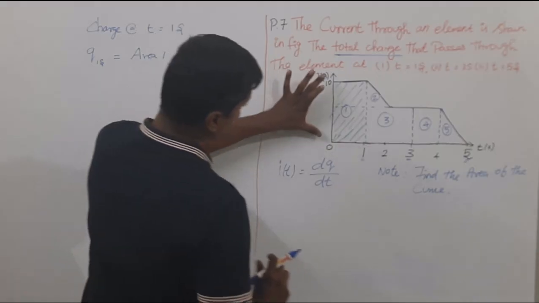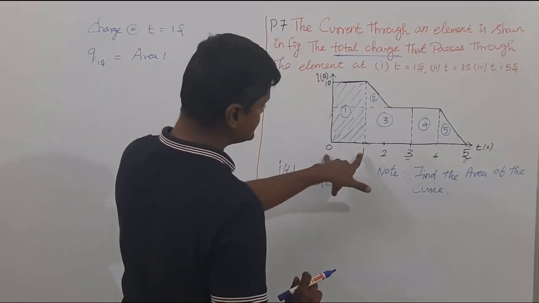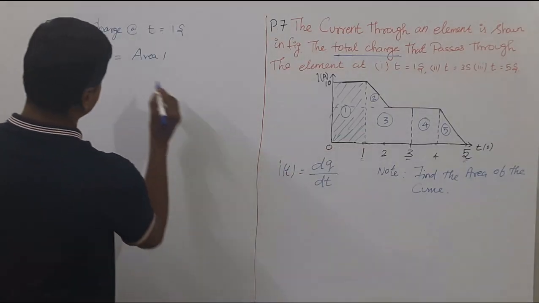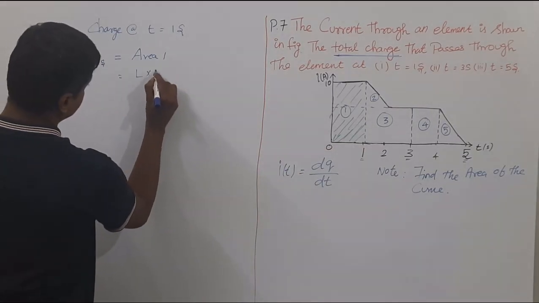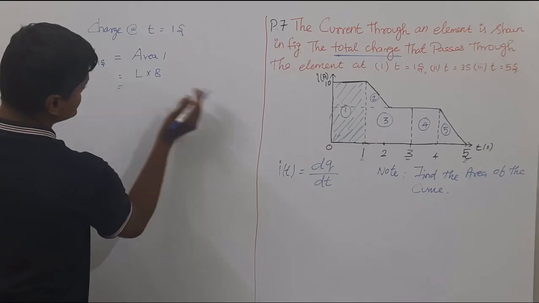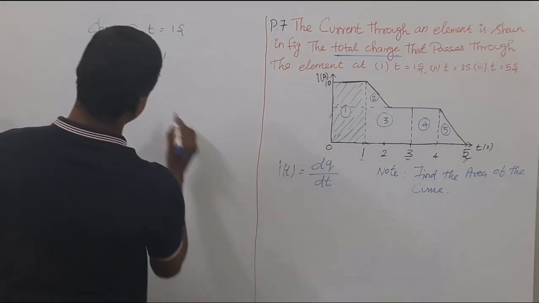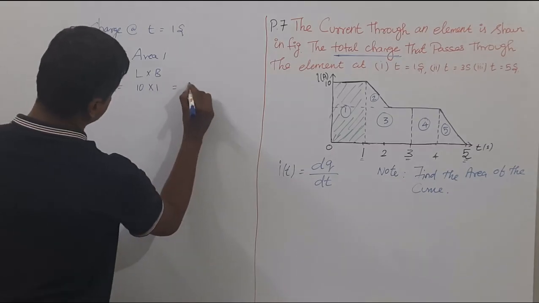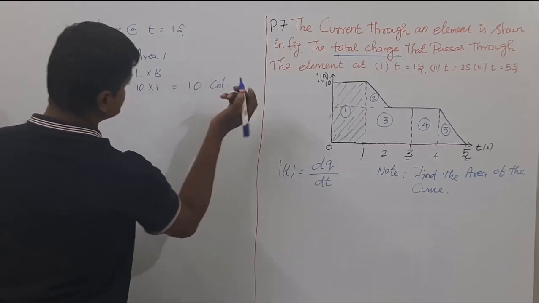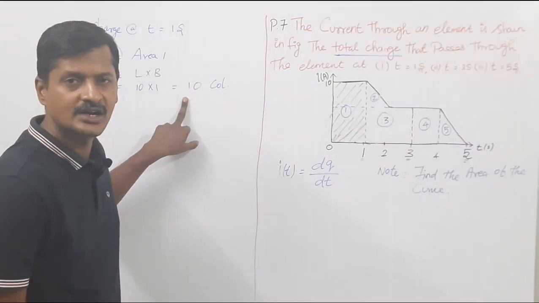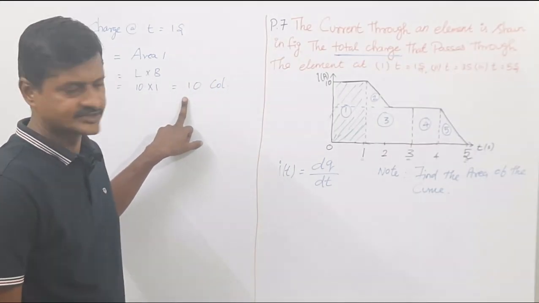Here this is 10 and this is 2. So height 10, width and height. So area equal to length into breadth. So length that is 10, but that is 1. So that is equal to 10 coulombs. So for t equal to 1 second, the charge is 10 coulombs.